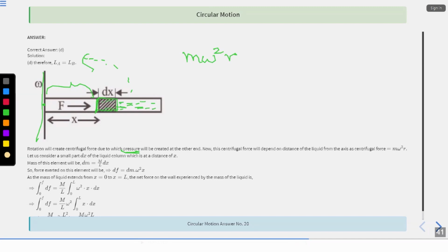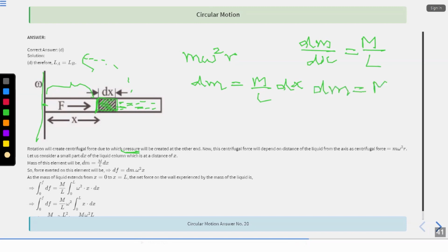From here, they're taking a small part dx at a distance x from the axis. Mass of this element dm will be equal to m by L dx. How did we know this? We know that dm by dx is equal to m by L. Similarly, dm is equal to m by L dx.